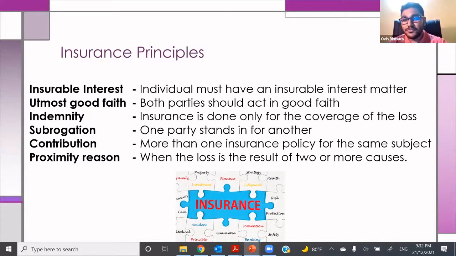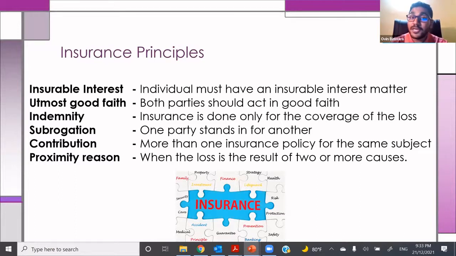Insurance is done only for the coverage of the loss. When you are valuing your cargo, you need to do a correct valuation. You should not get into an insurance with the purpose of making a profit. If something goes wrong, if an accident occurs, you need to just cover your losses, but you should not make any profit out of it.